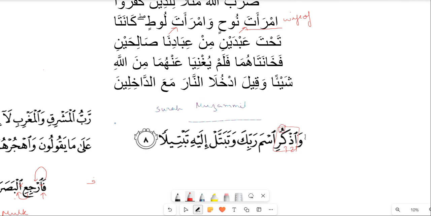So if there was no wow here, how will you read? Uzkur. And as I have explained before, what's happening here, why there is a kasra? It's a kasra because usually it's a command word and it has a dhamma. Udhkur means to remember, and here ra has a sukun.